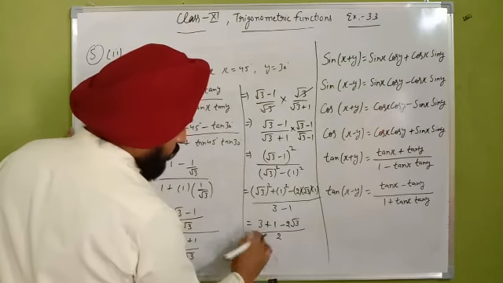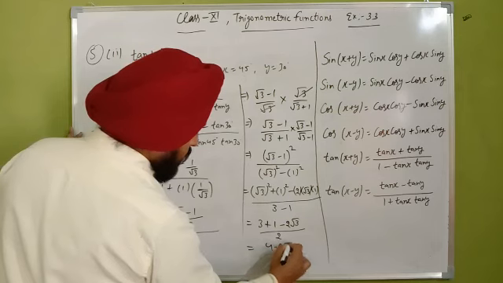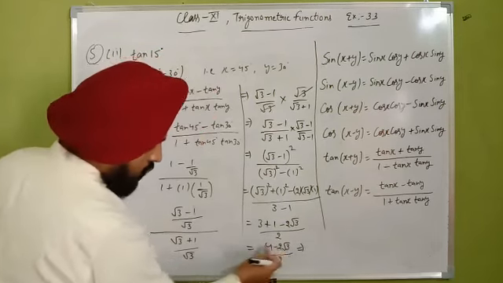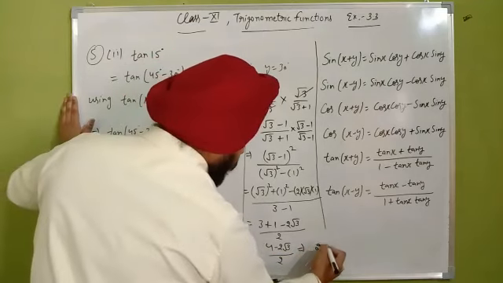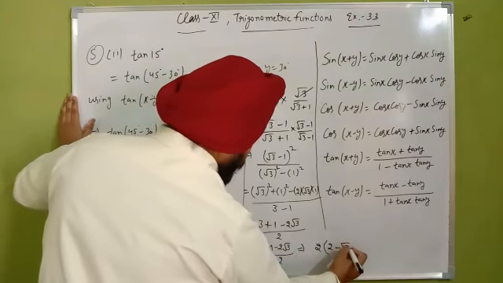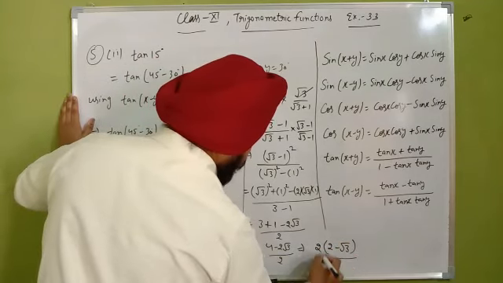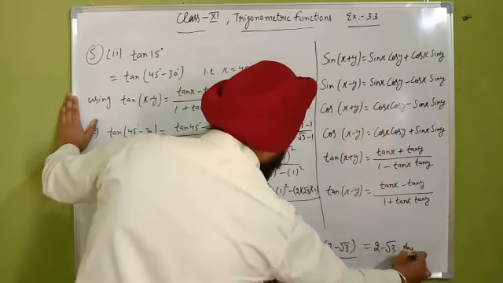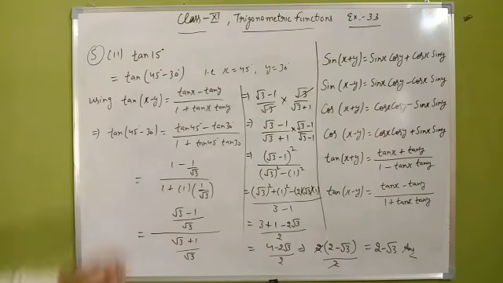That means 4 minus 2 square root 3 upon 2. It implies, now take common 2 from the numerator. You will get 2 minus square root 3 upon 2. Cancel 2 with 2. So what is the answer? That is 2 minus square root 3. That is the value of tan 15 degree, which is equal to 2 minus square root 3.